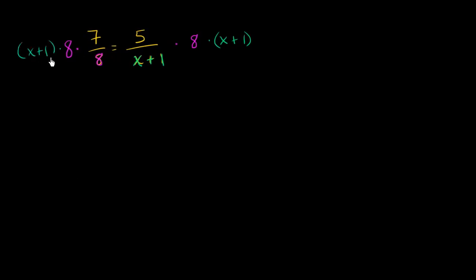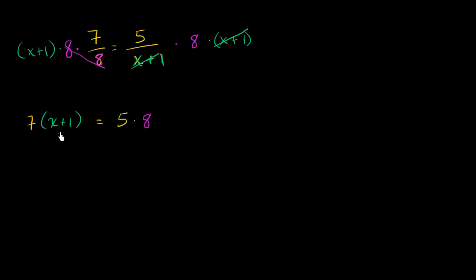And notice, when you do what we just did, this is going to be equivalent to cross multiplying, because these 8's cancel out, and this x plus 1 cancels with that x plus 1 right over there, and you are left with x plus 1 times 7, and I could write it as 7 times x plus 1, is equal to 5 times 8.